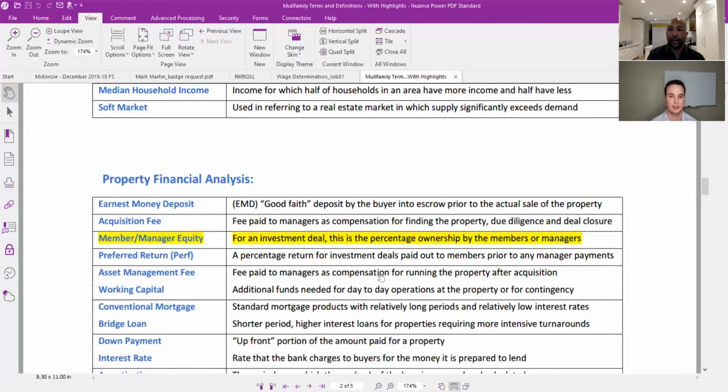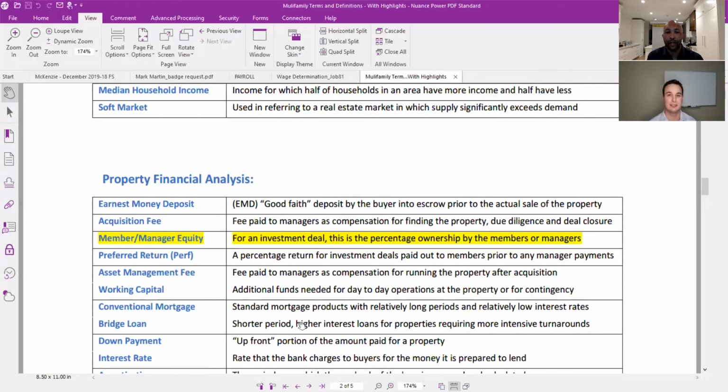Brian, is there anything you want to add on that? Well, yeah, that number can change from deal to deal too. Every deal you look at is not going to have the same split. It's going to be based on whatever management team is putting the deal together, how good their track record is, and what kind of equity split they can command. So it's definitely an important number to keep an eye on, so you know exactly what your share of a deal is going to be as an investor, or if you're putting the deal together, what that split for the manager team is going to be.